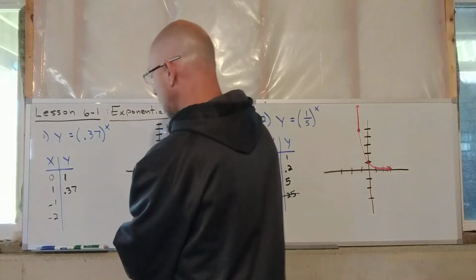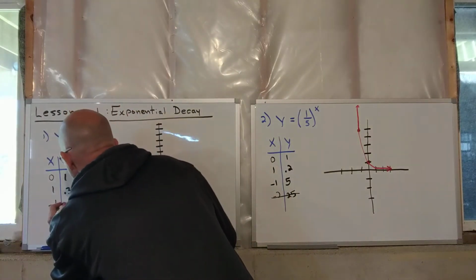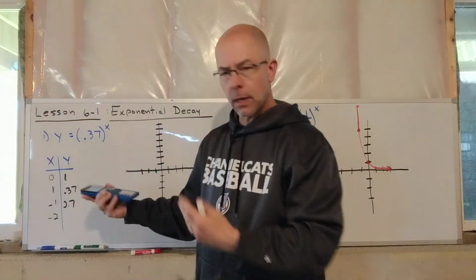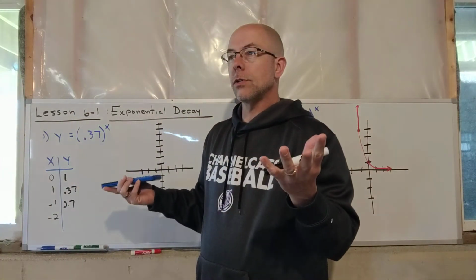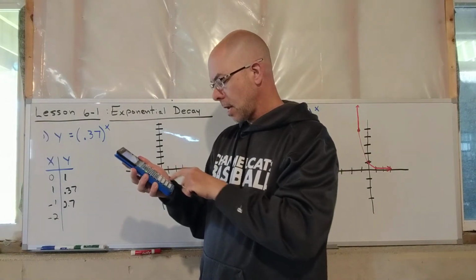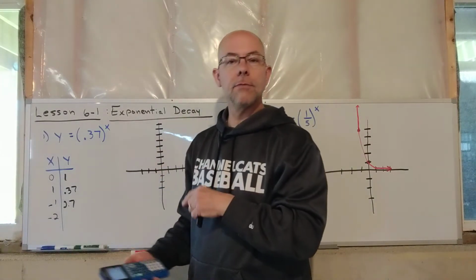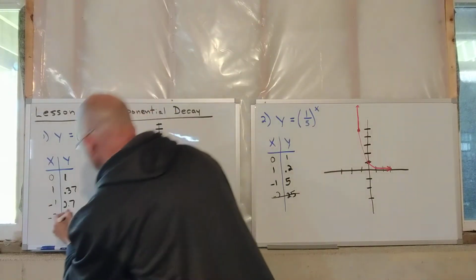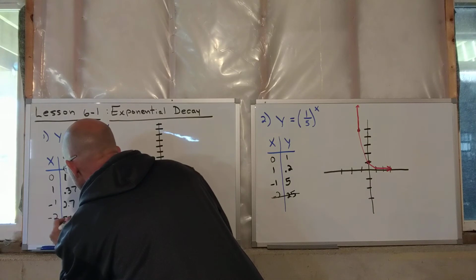So I'll put that in there. And I'd like to get a little bit closer, a little bit bigger. I like to get closer to 10. So if I do 0.37 to the -2, as you see I already got -2 in my chart ready to go, that comes out 7.3.